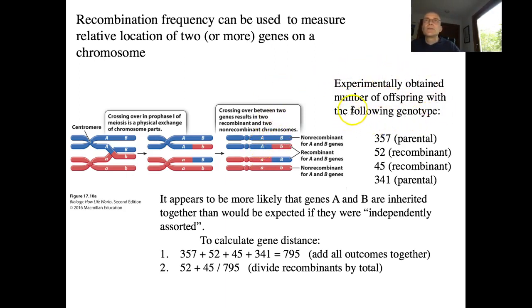Experimentally obtained numbers of offspring of these flies, where these crosses were done and where the F2 offspring were counted with respect to their traits.